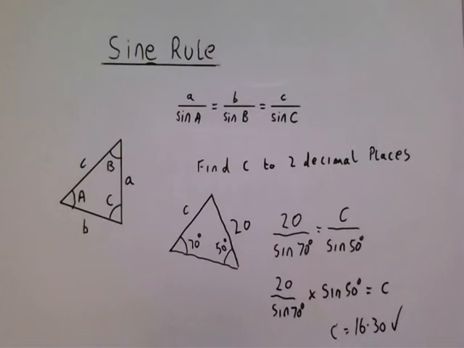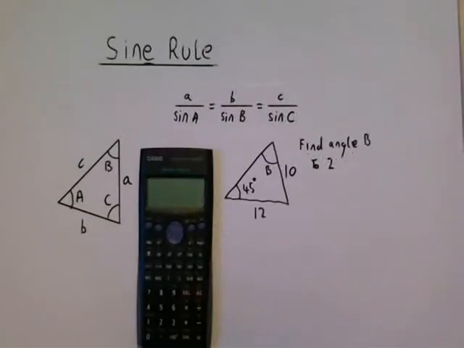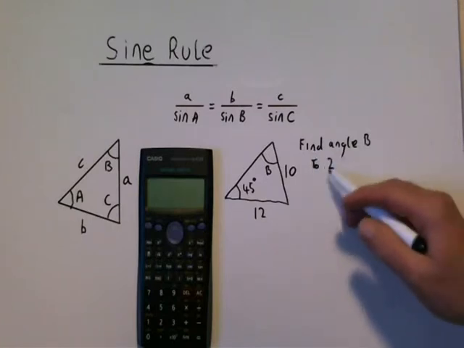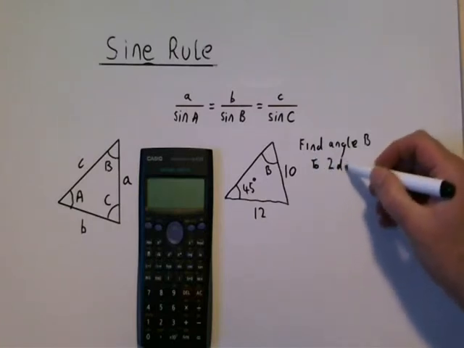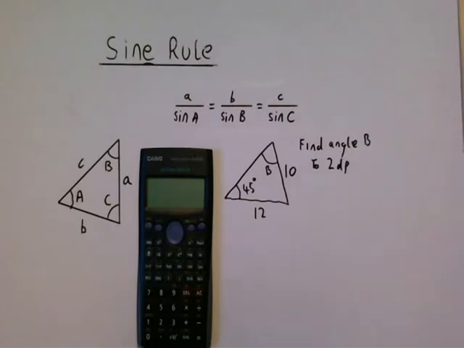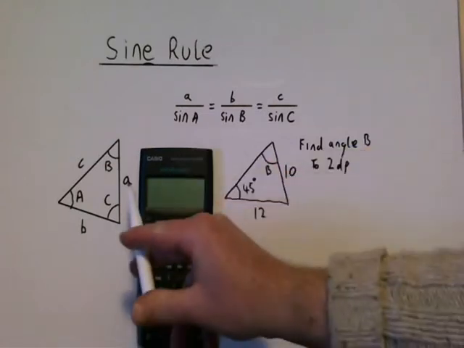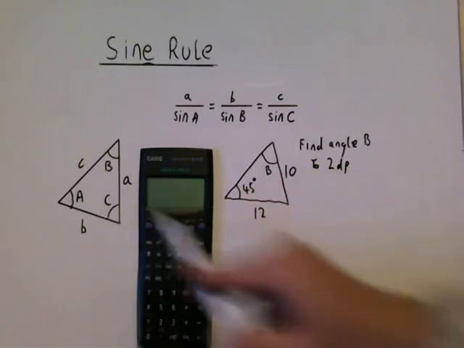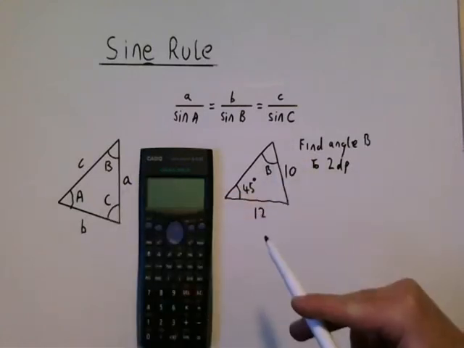And I'll do one final example. Well, in this example, we've got something different. We've got to this time find an angle to 2 decimal places. And if we look at what we've got, side a is 10. Side b is 12.